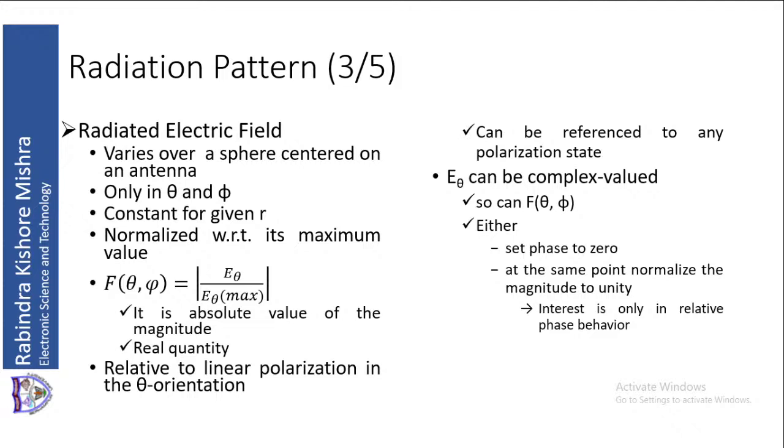Because the interest is only in relative phase behavior. We do not require exact phase behavior in the measurement. It is only relative phase behavior, so we can always normalize it. Or instead of F theta, we can use P theta. P theta automatically takes care of the complex part. It is always real, so power is real. So that will be automatically taken care of.